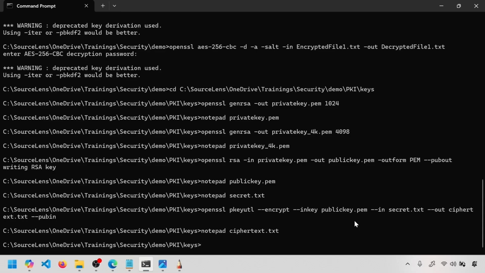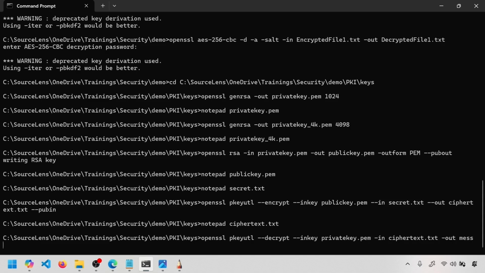So let's try that. Now OpenSSL, pkeyutl, the same tool. This time it is decrypt the message. Dash in key. Which key do we want? Private key .pem. In ciphertext, out, decrypted message .txt.